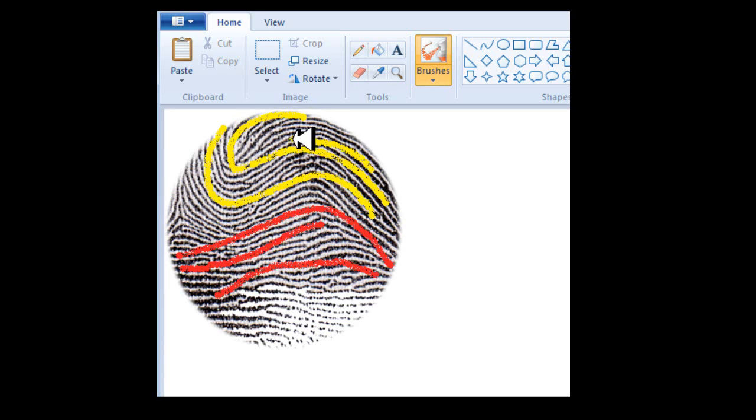And this pattern, like I said, is very rare. This would still be considered a loop pattern. It has a combination of a plain arch and, of course, the looping ridge. And this loop will have this wave in the center where the plain arch is pushing it up.